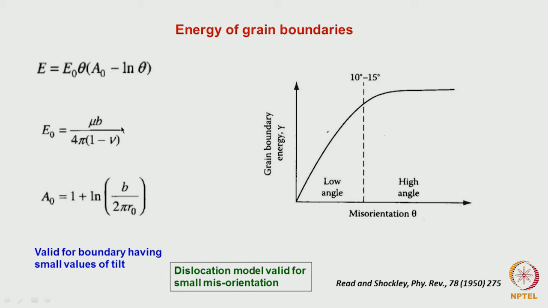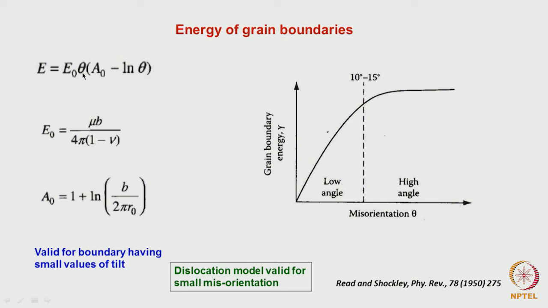Here it's assumed that it's an infinite material having a modulus mu and Poisson's ratio nu, and r0 is the core of the dislocation. This is the way the energy varies, that final formula which we get.